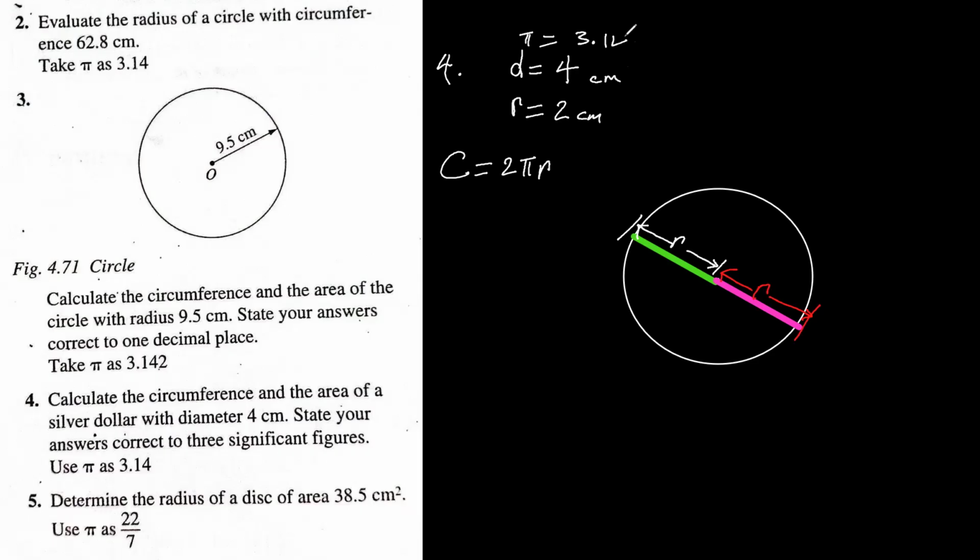So 2 times 3.14 times 2. Tyrese, give me an answer. 12.6. 12 point 6.